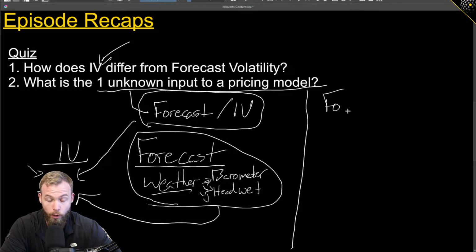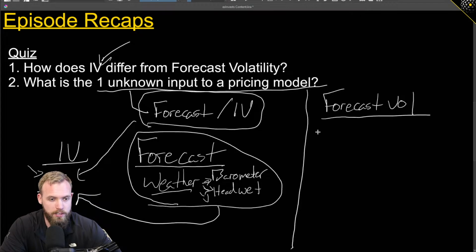Forecast vol is typically done by all different kinds of volatility pricing models.